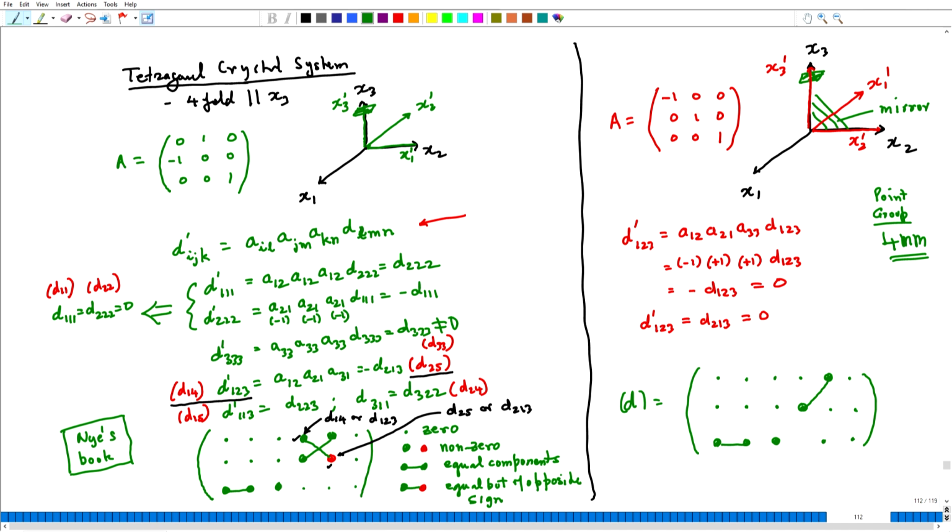this. This one is D311, D322, D333, and I have this is D123 and D113.